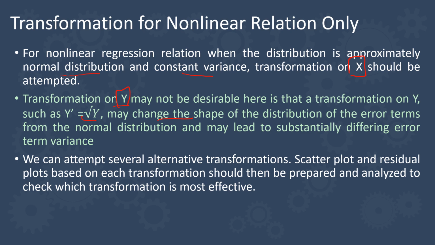We can also attempt several alternative transformations. And don't forget to plot the scatter plot and residuals based on each transformation, so we can compare which type of transformation is the most effective.